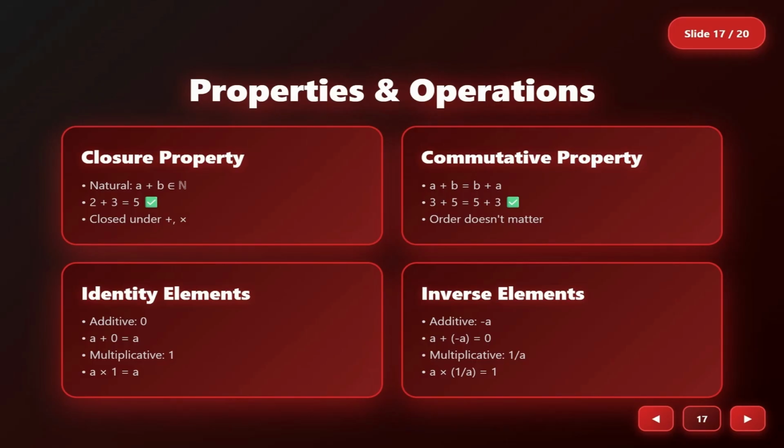A is the additive inverse of minus A and minus A is the additive inverse of A. Same goes with multiplicative inverse. 1 by A is the multiplicative inverse of A because when A is multiplied with 1 by A, we get 1. These help us undo the operations. These properties make math predictable and reliable.